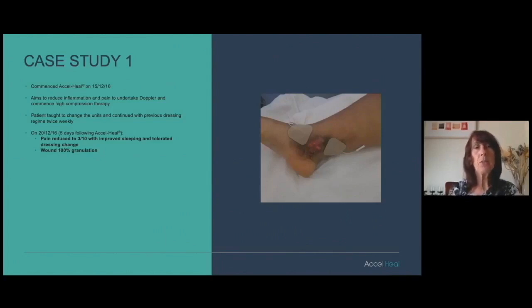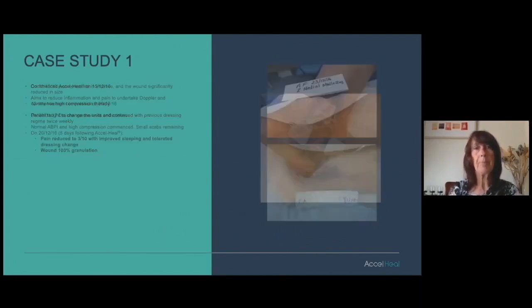And just 5 days following the therapy, her pain was reduced from 10 out of 10 to 3 out of 10, and she reported improved sleeping and tolerated the dressings very well. And the wound was noted to be 100% granulation at this point.